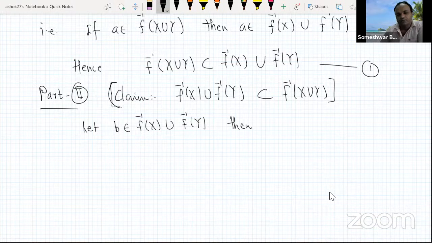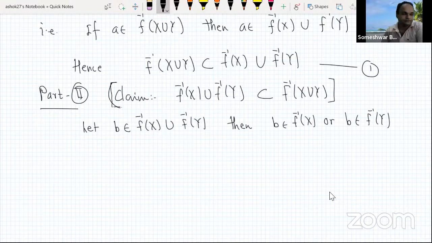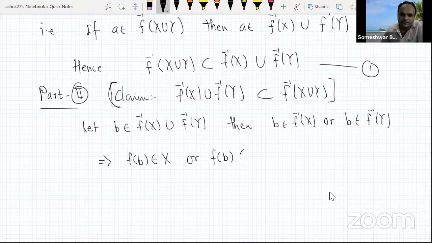Then b is an element of f inverse of X, or b is an element of f inverse of Y. It will imply that f of b is an element of X, or f of b is an element of Y. Is it okay?